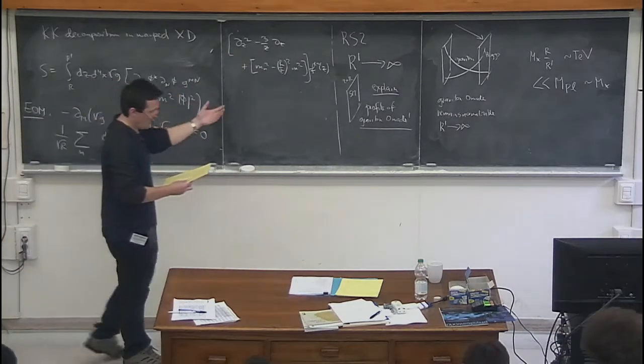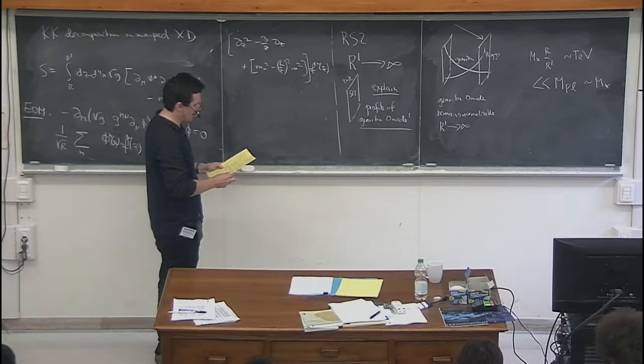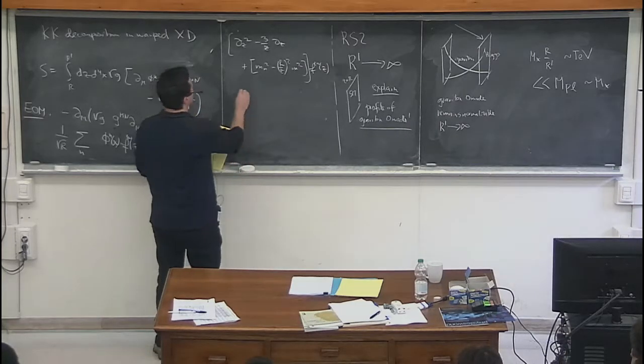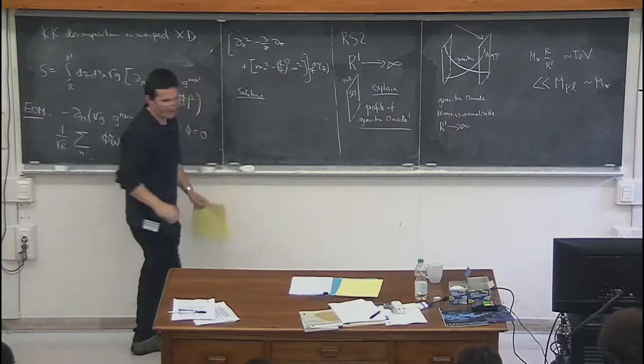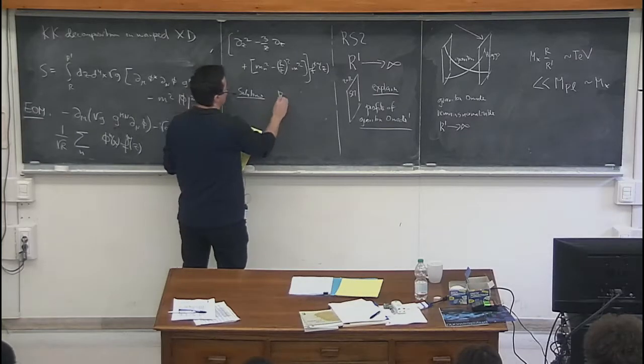So this is an ordinary Schrödinger type of problem with a slightly weird normalization, and the solutions will just be Bessel functions. That's something pretty generic for these warped extra-dimensional theories. Solutions are Bessel functions.